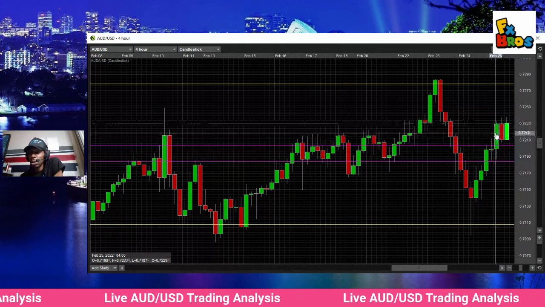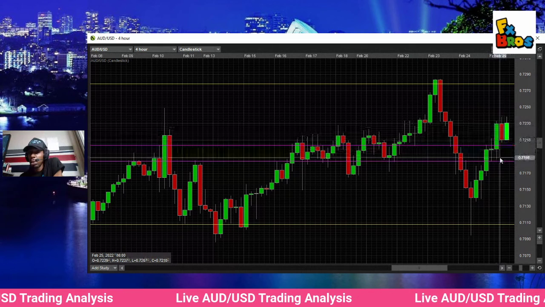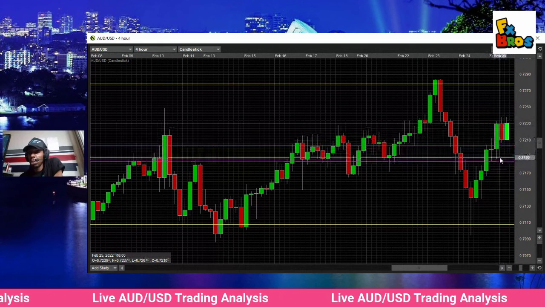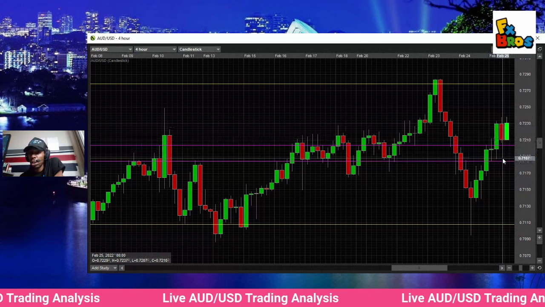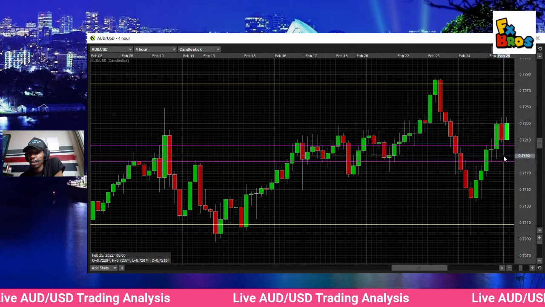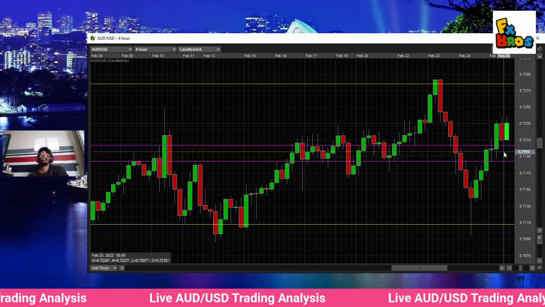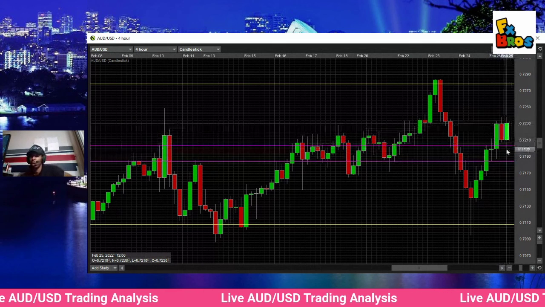Could have locked in 10. You would have got stopped out. Or you could have put stop loss below here, which would have been 11 to 91 ish, like 20 pips. Not that bad. It's okay.